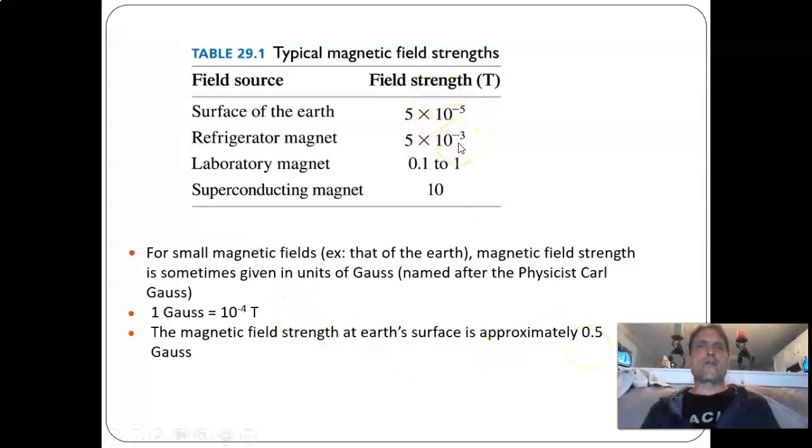The magnet on your refrigerator is about 100 times greater in strength than that of the Earth, but still pretty small. Then you get into these laboratory magnets that get larger, and these superconducting magnets, you get real high field strengths. So don't worry too much about Gauss other than if you ever see it, 1 Gauss is 10 to the negative 4 Tesla.